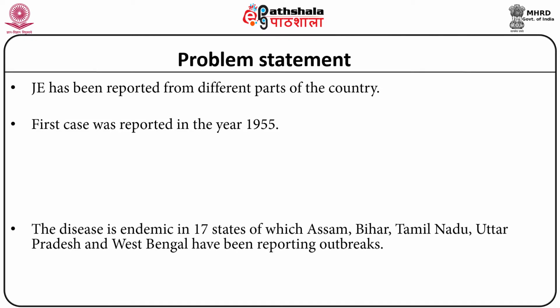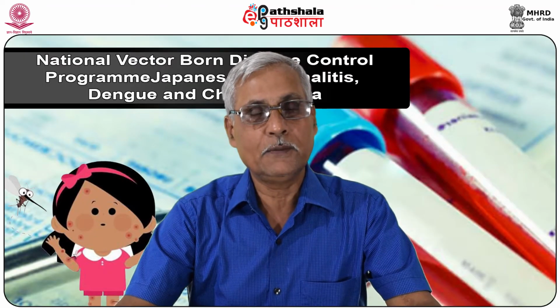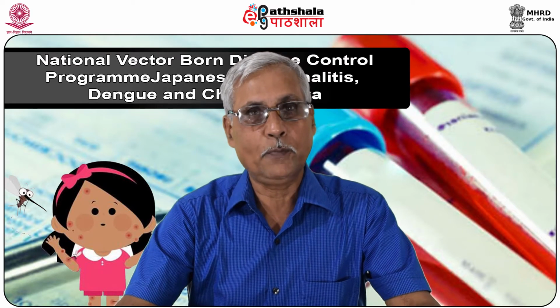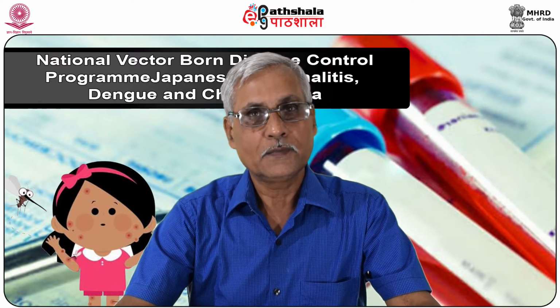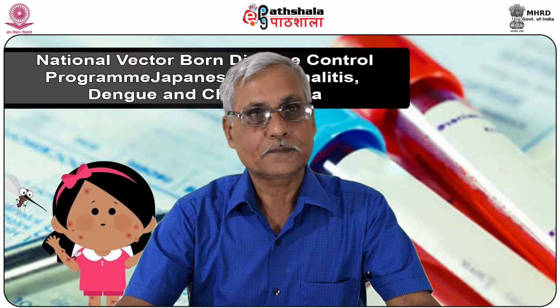By endemic we mean that there is a habitual presence of Japanese encephalitis in 17 states, of which Assam, Bihar, Tamil Nadu, Uttar Pradesh and West Bengal have been reporting outbreaks repeatedly. Uttar Pradesh, particularly the eastern part, the Gorakhpur belt, has been quite predominantly affected by this disease.